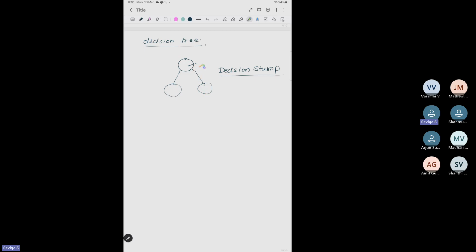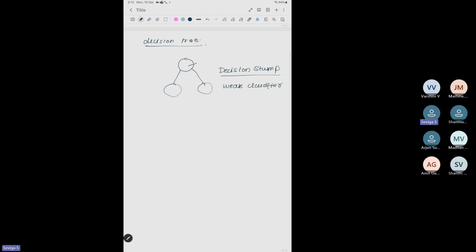The whole tree is made up of only one parent or root node with its two children. This small decision tree is usually called a decision stump. What we will do here is combine a lot of decision stumps together, not just one. This is also a weak classifier.